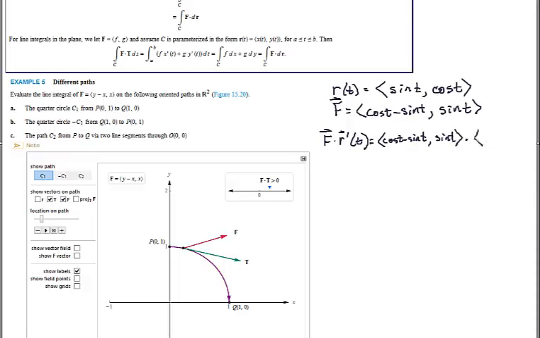I need to take the dot product of that with the derivative here. This would be cosine t, minus sine t, and in doing the dot product of those, you will get cosine squared t minus sine squared t minus sine t cosine t.